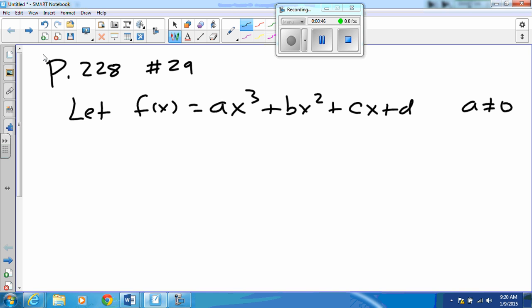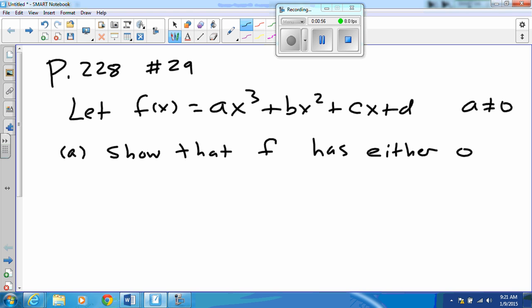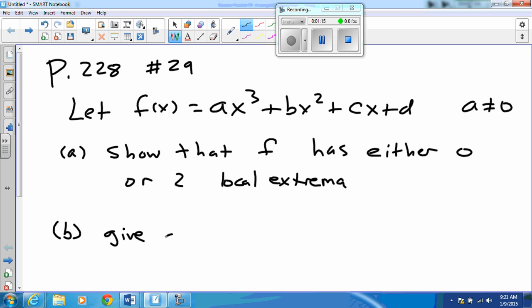And then they ask us to show that f has either 0 or 2 local extrema. Now here we have to reach back into the stuff we did before Christmas. And then they ask us to give an example of each possibility.